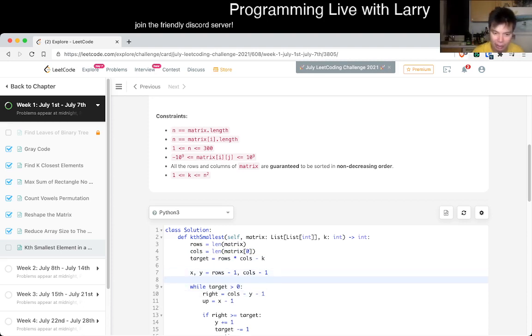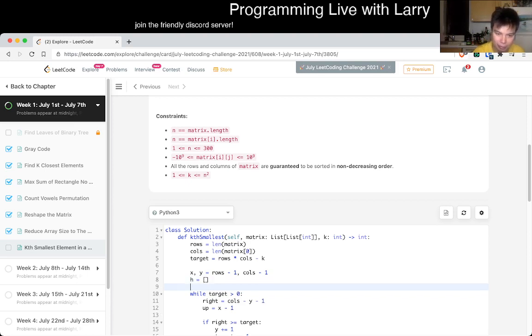Okay, so let's start a heap, and this is a min heap. So in Python, let's start at the corner, the smaller corner, and then we'll just go up.